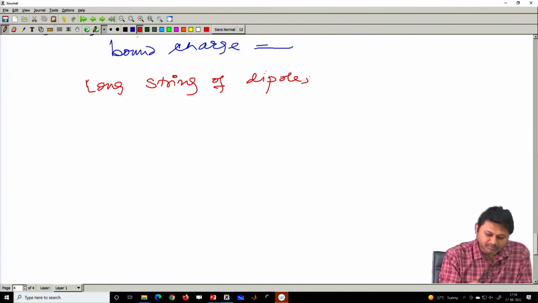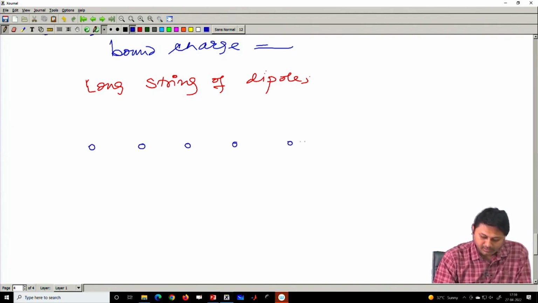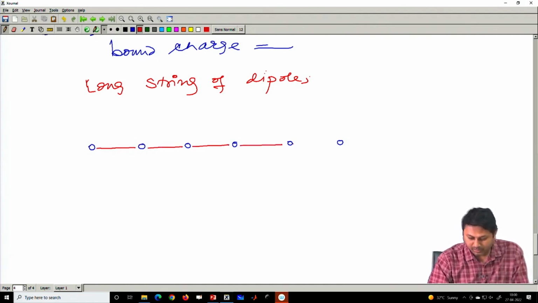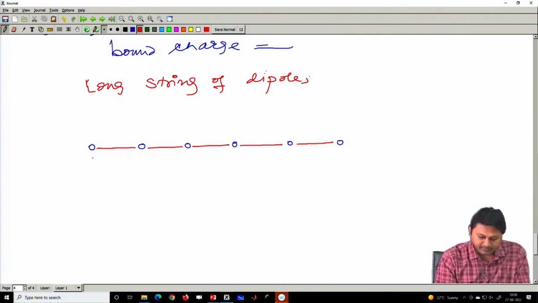So, a long string of dipoles means I have something like this. It is a chain of dipoles where we have plus charge here, minus charge here, plus charge here, minus charge here, plus charge here, minus charge here.